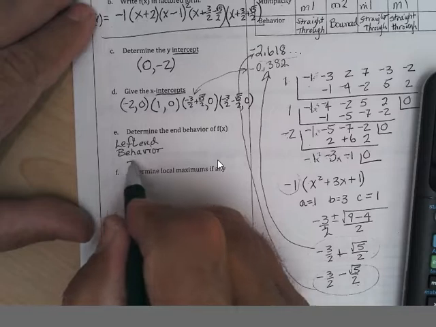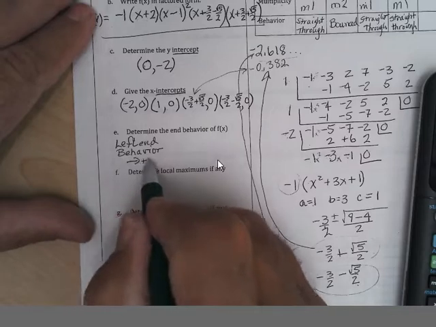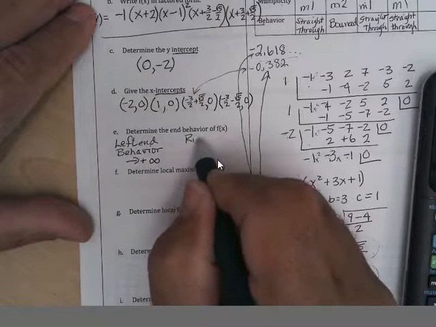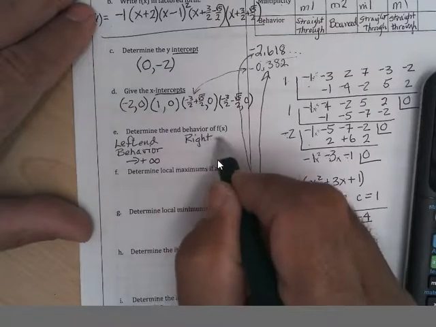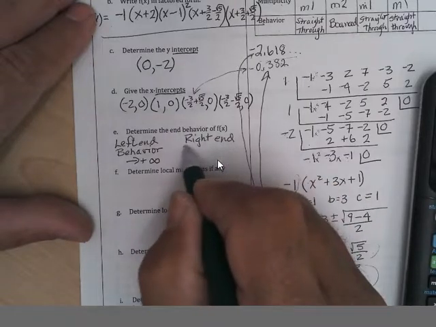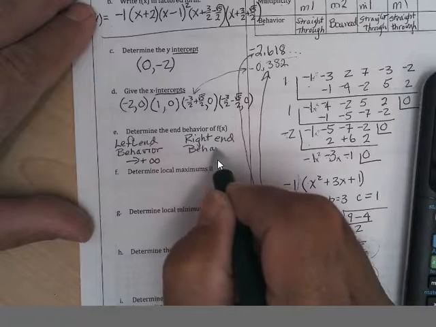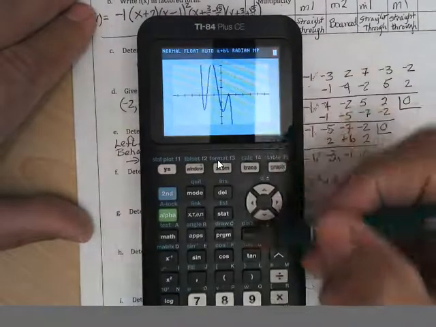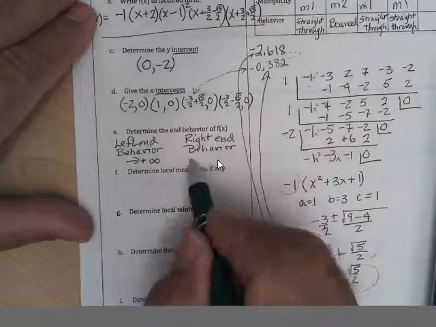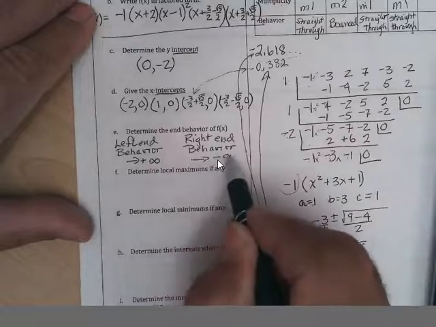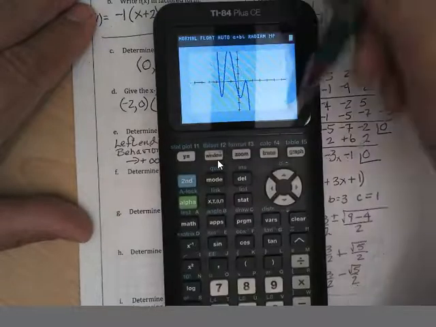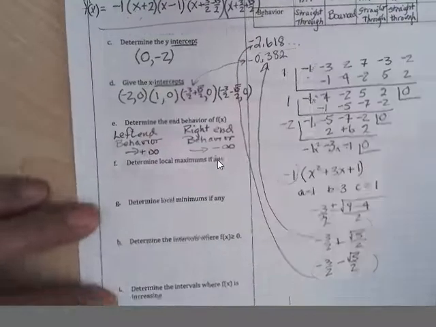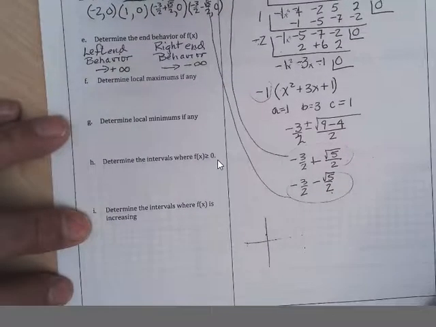And on the right side, what's going there? Well, the graph is headed towards negative infinity. It's headed down. Okay? That's what's meant by end behavior.